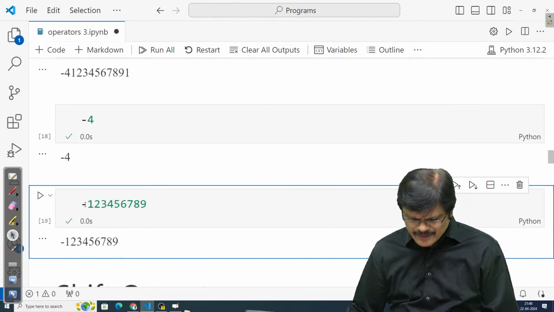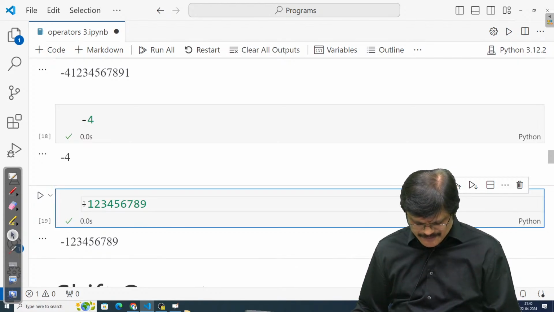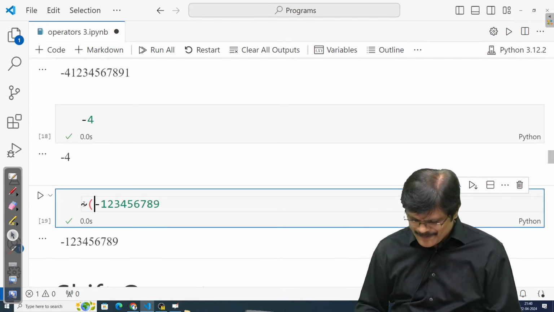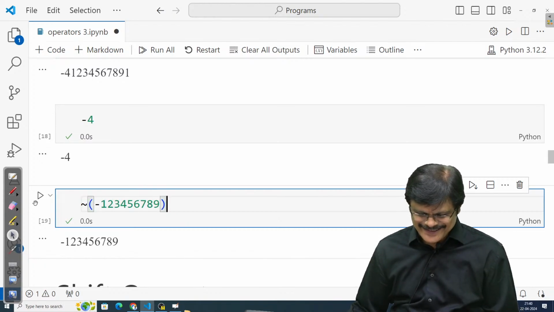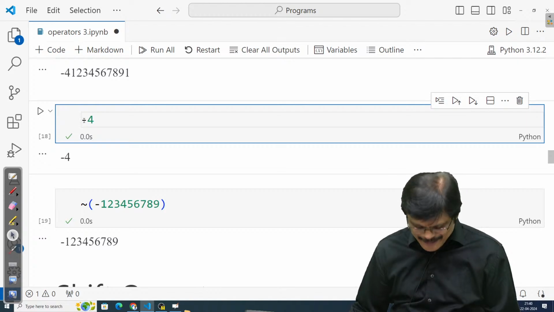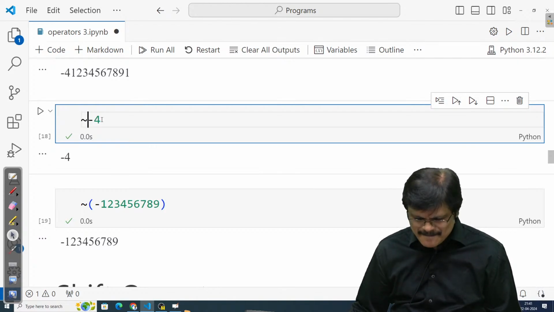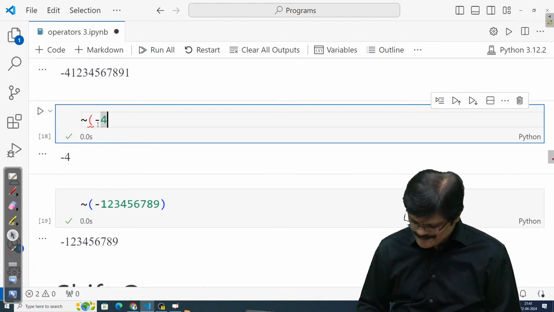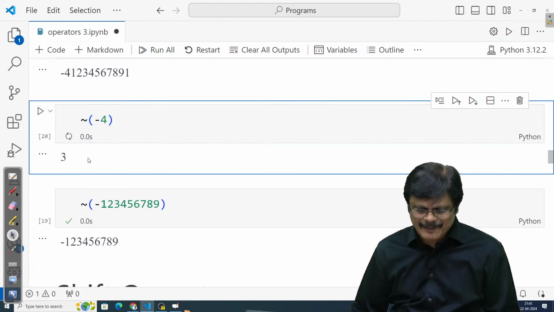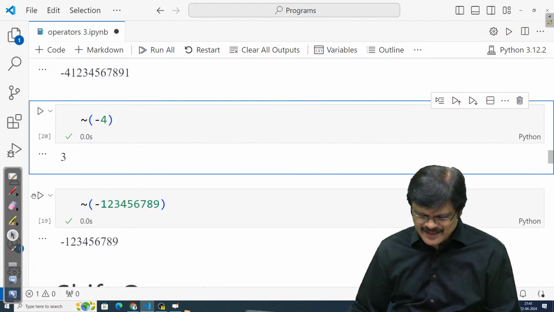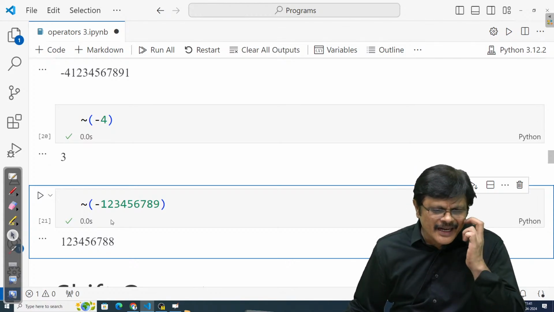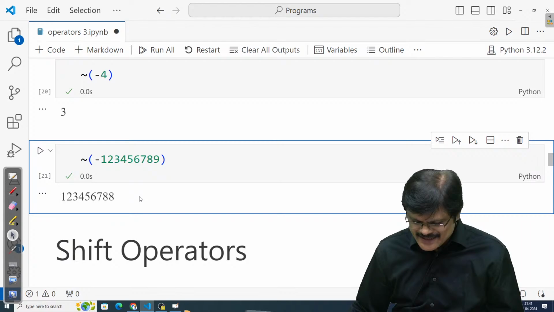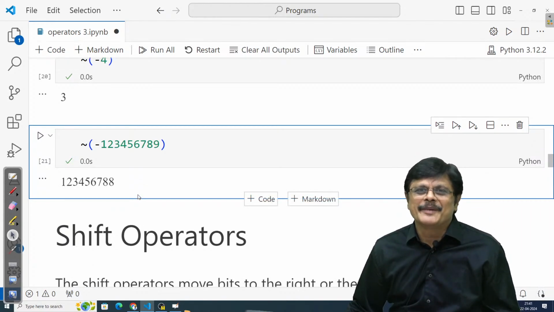You have to take the bitwise complement, otherwise if you write the same number you are going to get the same number. Here also I need to take the complement. What is the complement of this? The complement will be minus of -3 plus 3, so minus of that, 788, is the answer. You can try any number of examples like this. Is that clear? So that is about complement, my friends.